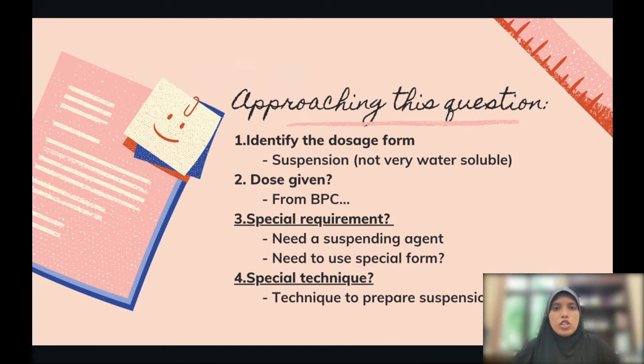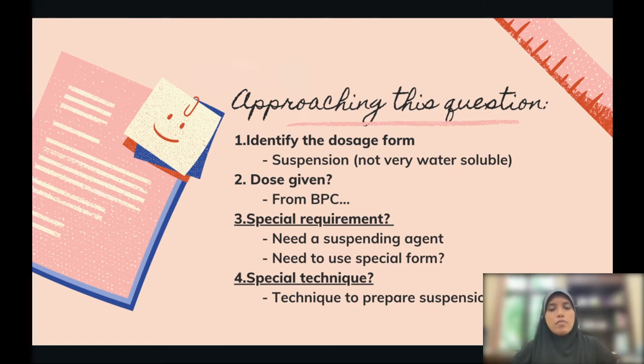Number 3, special requirement. If it's a suspension that is going to be prepared from indiffusible powder, then you need a suspending agent. So what is the suspending agent that you can use? As I explained in the tutorial class, we can always use compound tragacanth powder, CTP, at 2 to 3%.